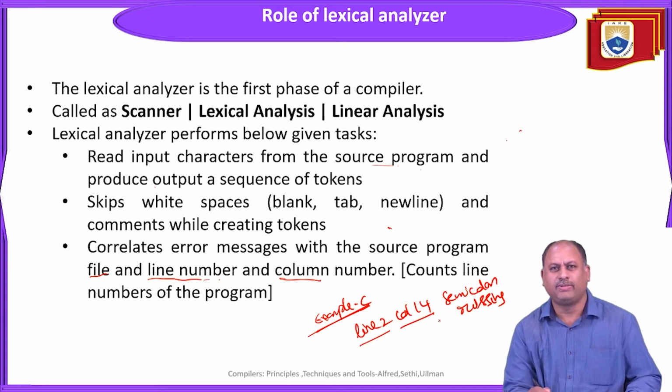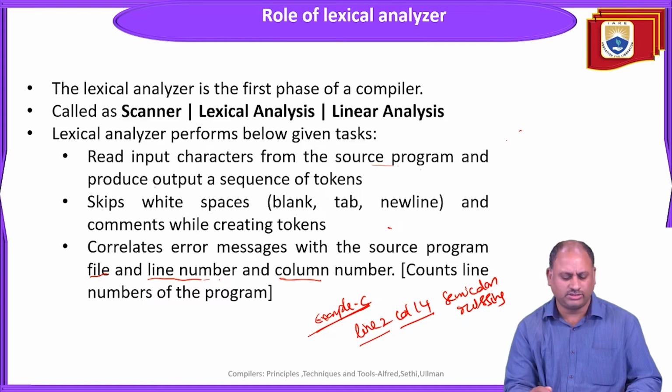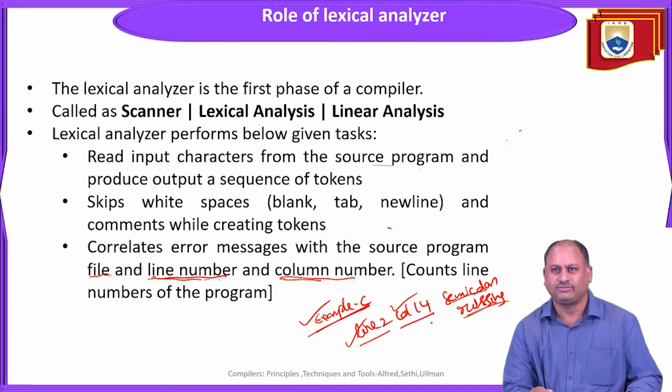Depending on the compiler, the error messages displayed differ. But while displaying error messages, they should be understandable by the user. What is the corresponding file name? The file name is example.c. What is the line number? Line 2, the second line. What is the column number? Column 14. And what is the error message? The description: semicolon missing.